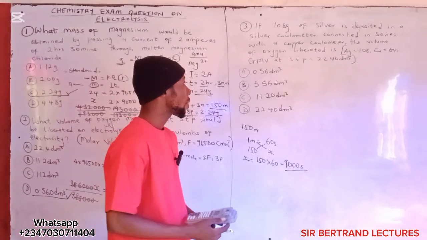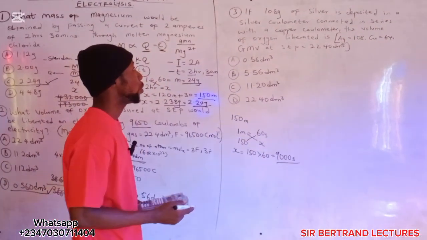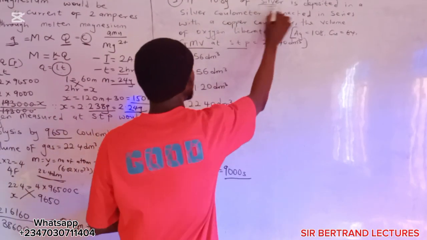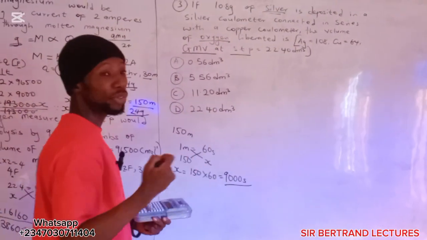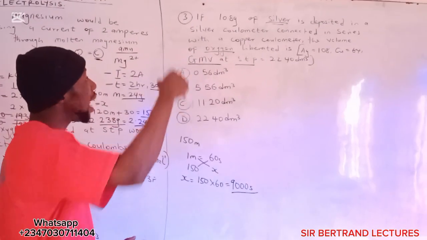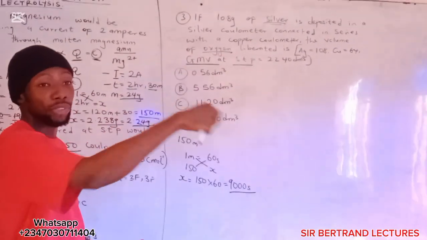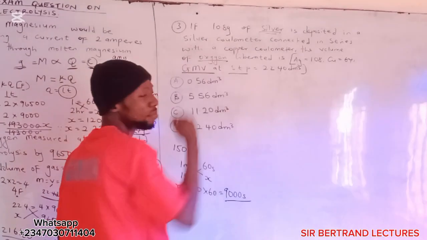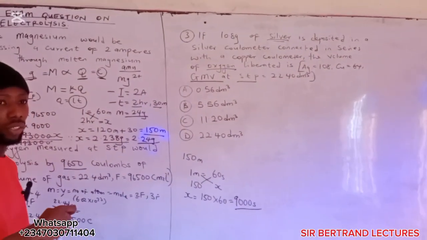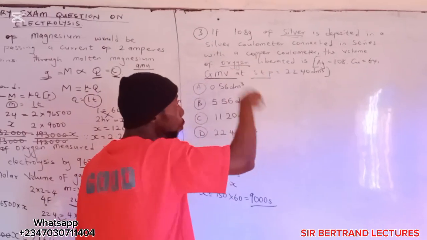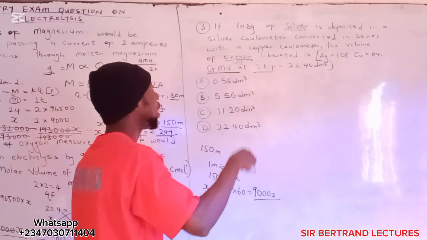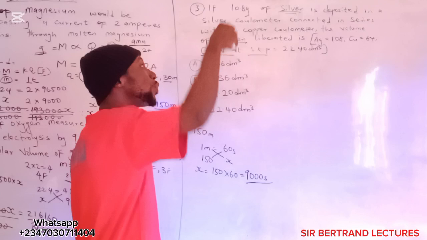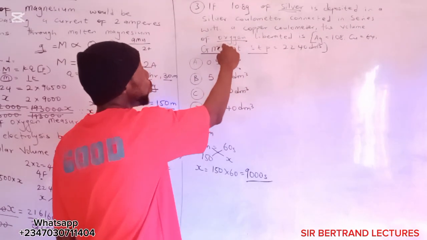Is that okay? Now, this is the last question here on the board. Here, you have to relate this silver with oxygen by first calculating the quantity of charge that will liberate 10.8 gram of silver. Then you will use that quantity of charge to solve for what?